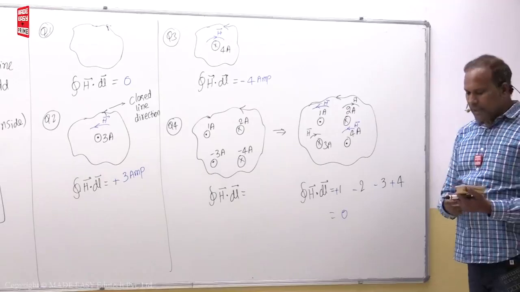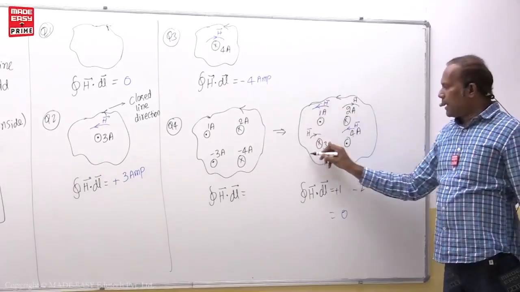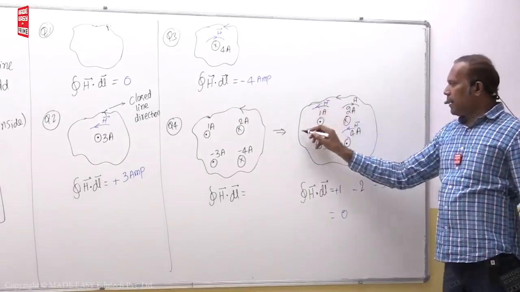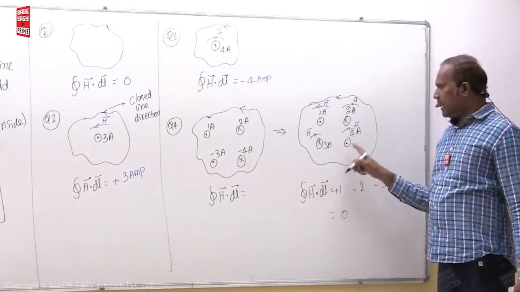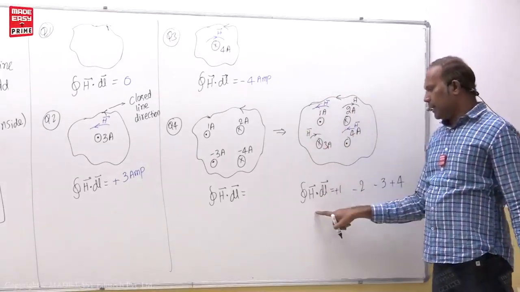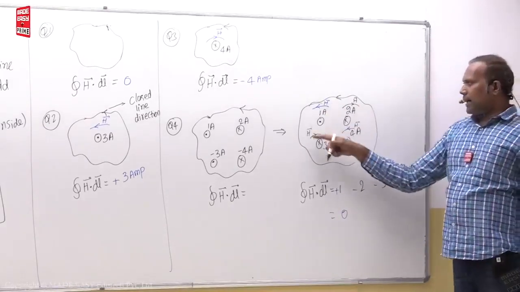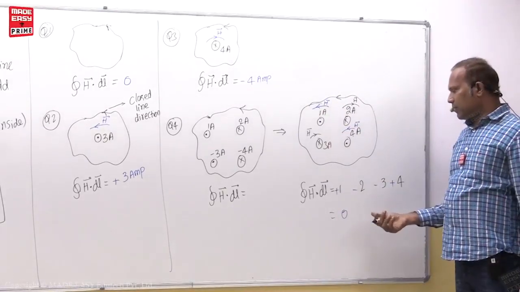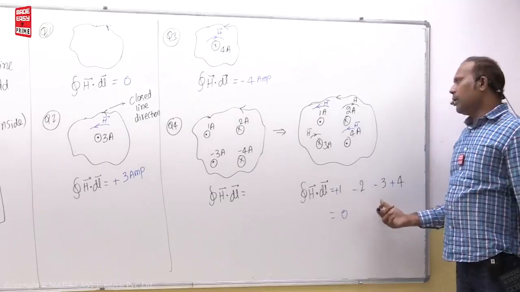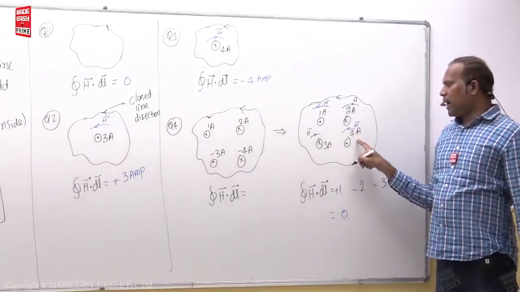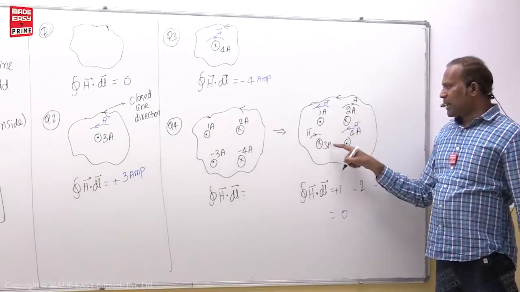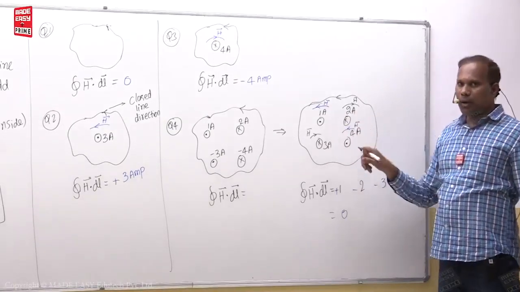So dear students, if there is a closed line here, then the closed line integral of magnetic field intensity, that means total magnetic field intensity, is equal to the total current inside. The total current is actually 0 ampere. Even if you see 1 plus 4, 5 ampere out of the board, 2 plus 3, 5 ampere into the board.